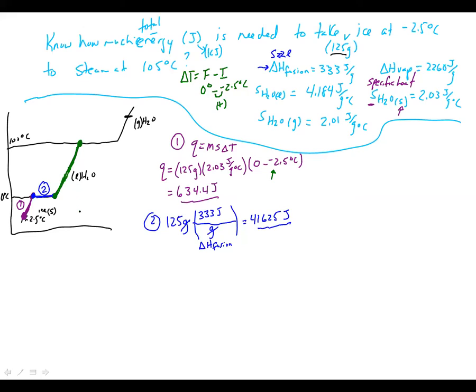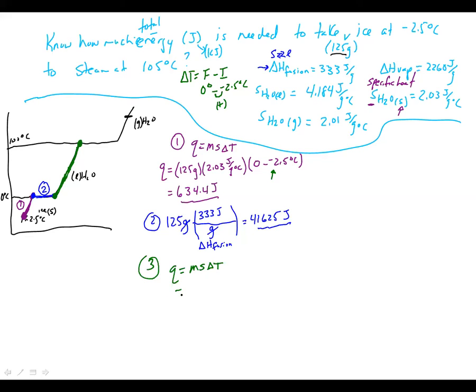We are changing the temperature, but all the way through that process in green here is still liquid water. So this again is where we want to use our Q equals m s delta T, which is the equation we use for the same phase but a change in temperature.